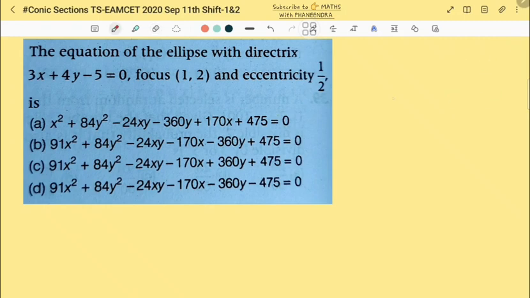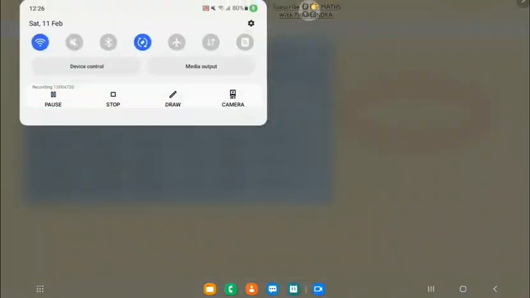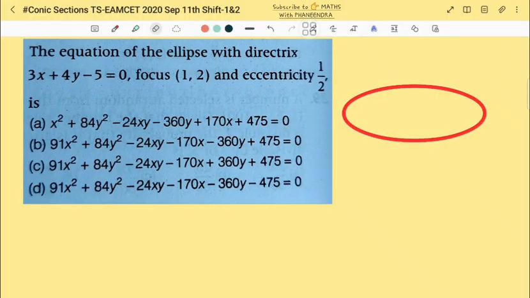So now this is the equation of the ellipse. So the point is here.